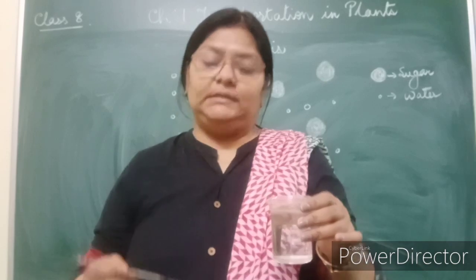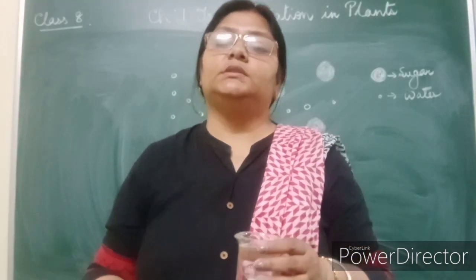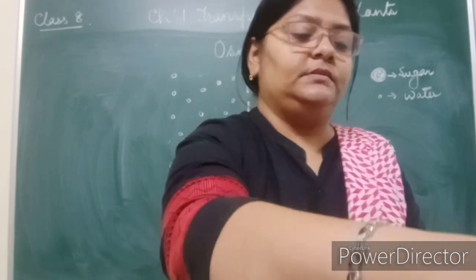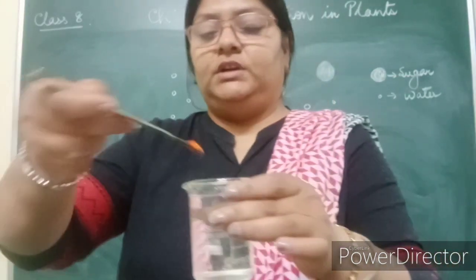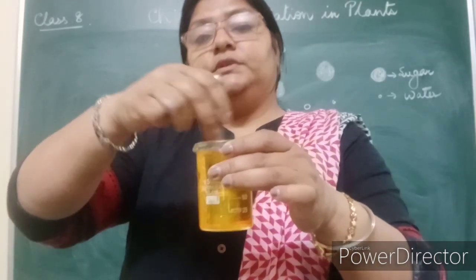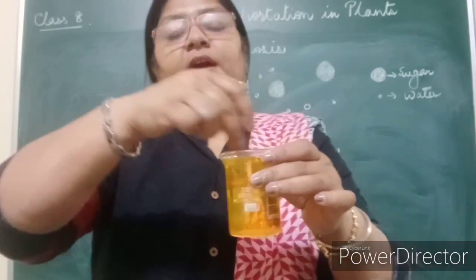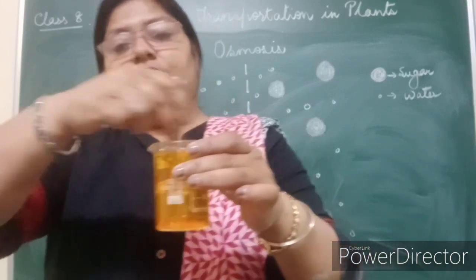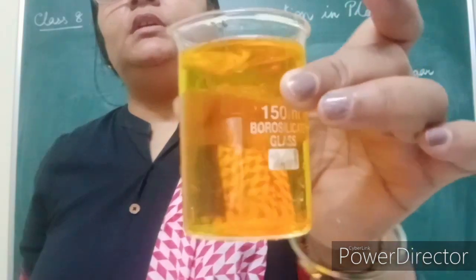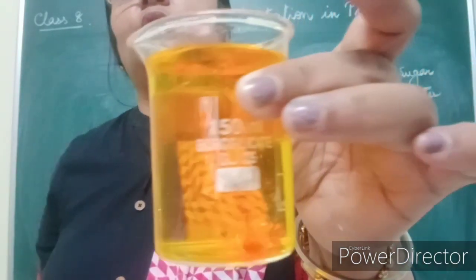Now let us learn the process of diffusion and osmosis by some experiments. So here I have taken some water and I am adding some food color to it. After I stir it for some time, what do we see? The food color has uniformly dissolved in the water.